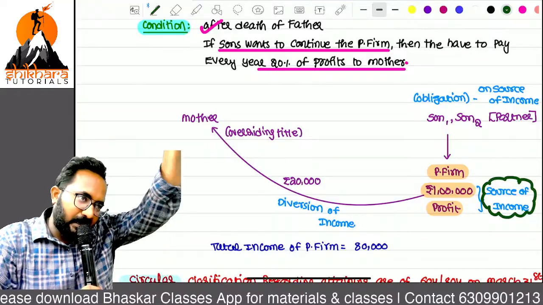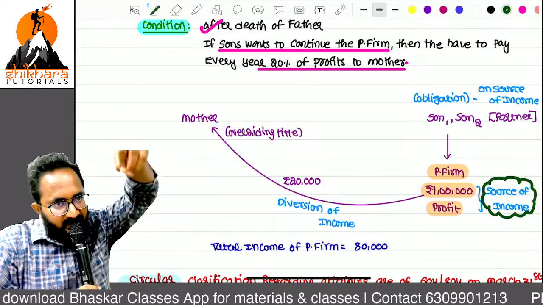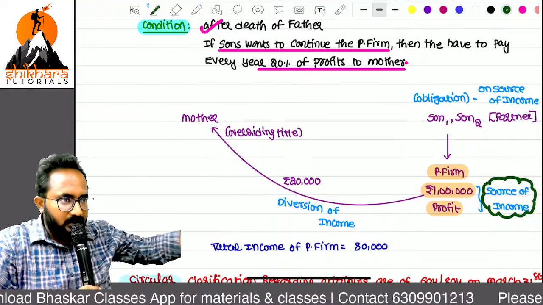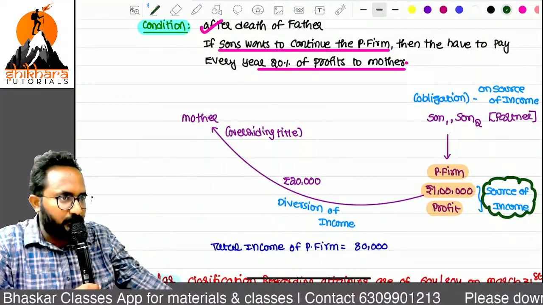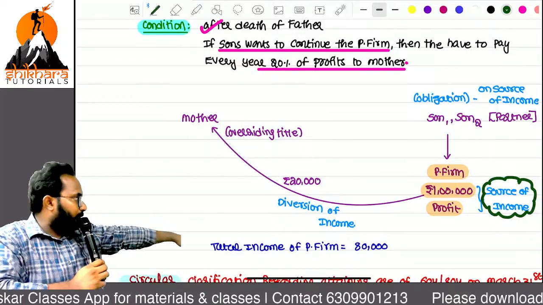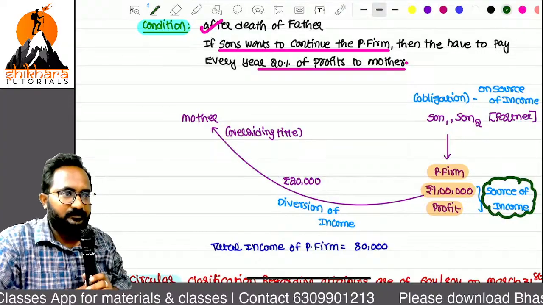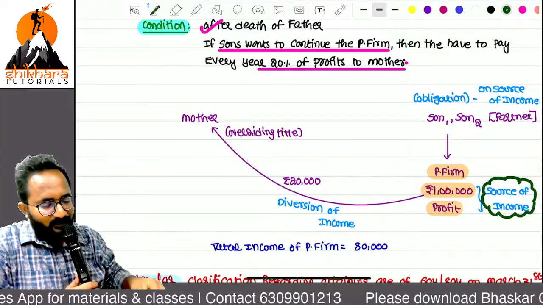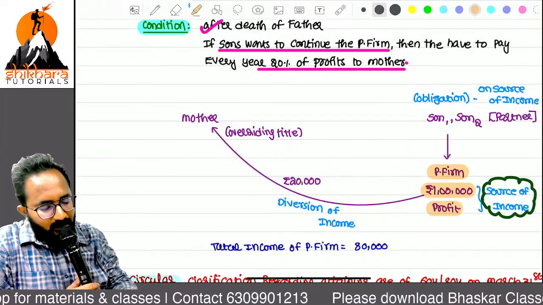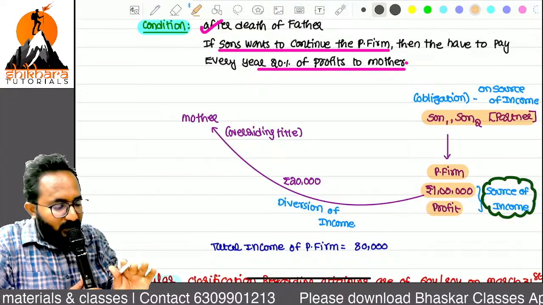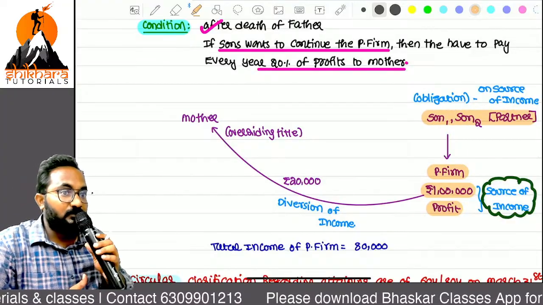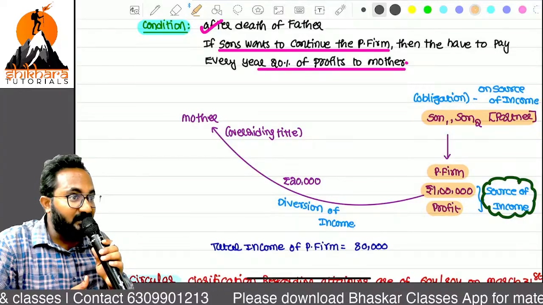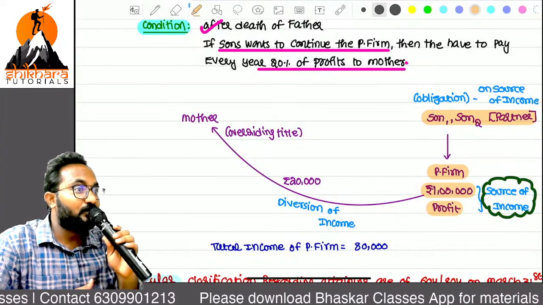They agreed to give 20% of the profits to mother, and they continued the partnership firm. During this year, how much profit did they get, ma? 1 lakh. Can you tell me who the partners are, ma? Son 1 and son 2 only. These 2 partners have an obligation on receipt or source, ma?